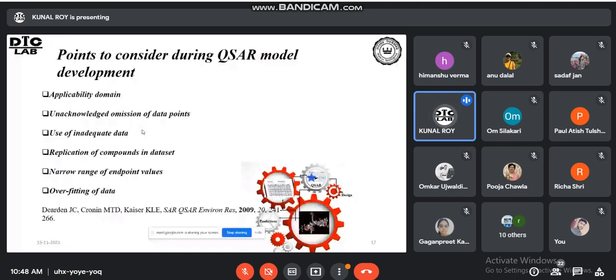Consideration of distribution of residuals gives us an idea about the type of error present in the model. Inadequate training and test selection also is a problem. The test set should not be very small, because in that case the metric that you generate will be biased. Failure to validate the QSR properly, and mechanistic interpretation should be there.